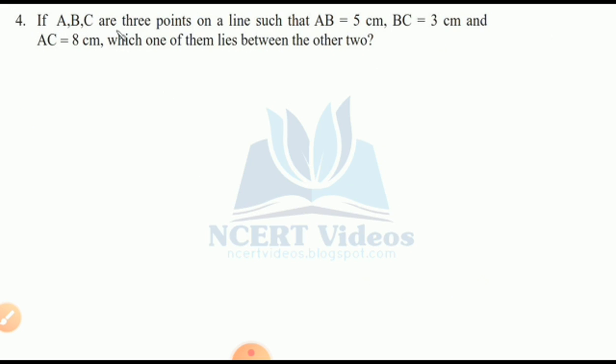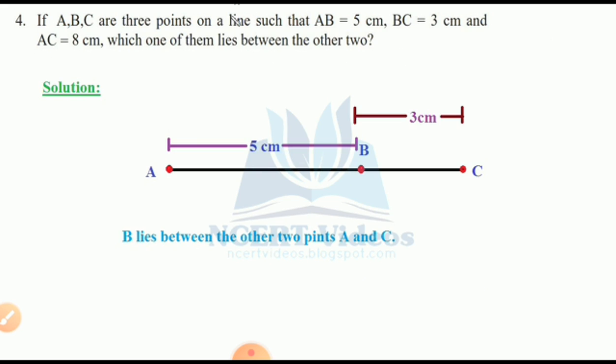Look at question number 4. If A, B, C are 3 points on a line such that AB is equal to 5 cm, BC is equal to 3 cm and AC is equal to 8 cm, which one of them lies between the other two? See students, here line segments are given: AB is equal to 5, BC is equal to 3 and AC is equal to 8.